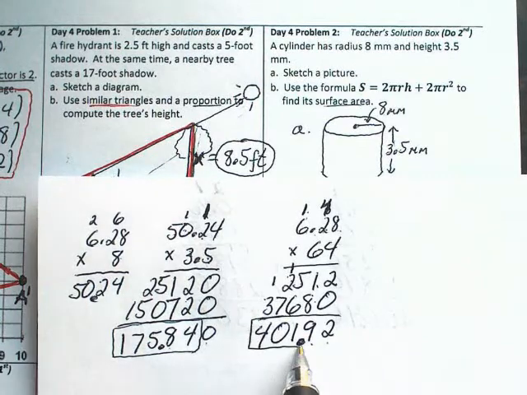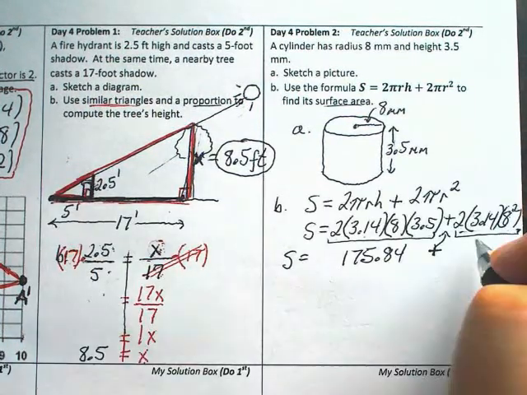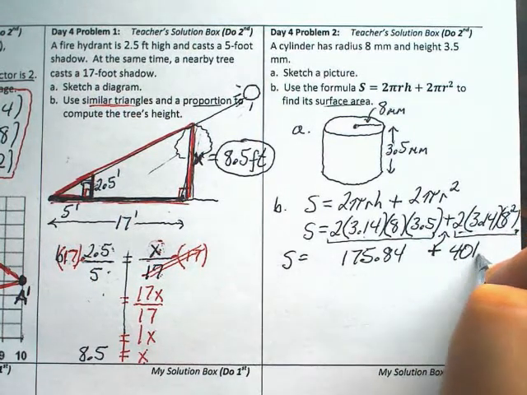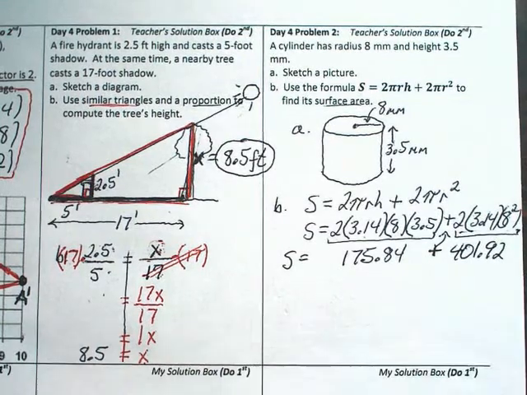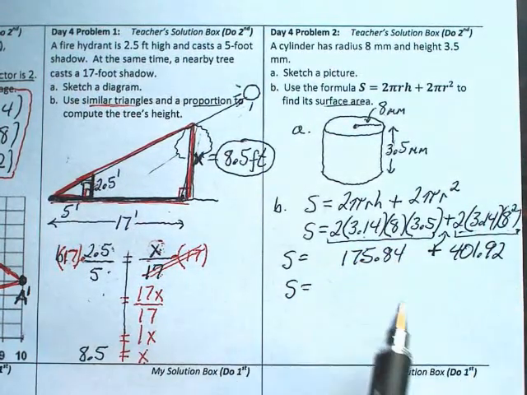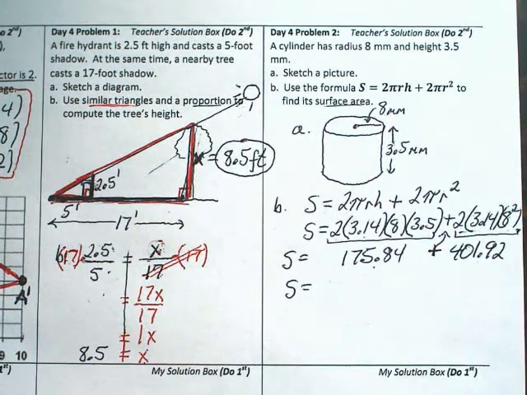That is 401.92. Okay, back to the warm-up. This expression was 401.92. The final thing to do to get that surface area is to add this number and this number together.